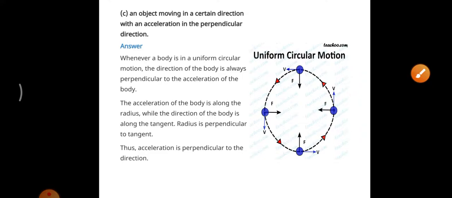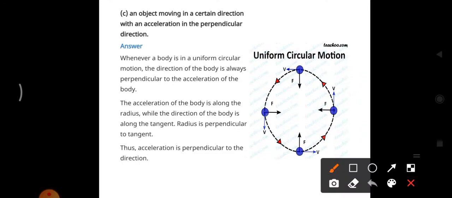An object moving in a certain direction with an acceleration in the perpendicular direction. So when the object is moving in a circular motion, this is the direction of the object and this is the direction of the acceleration. Here the direction of the object and the acceleration are perpendicular to each other, the same as here also.